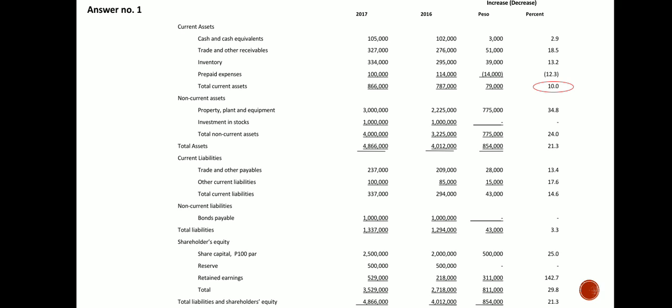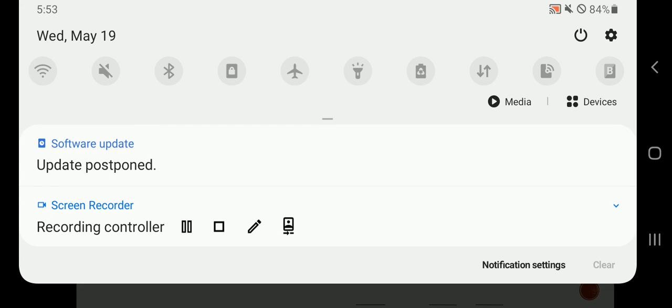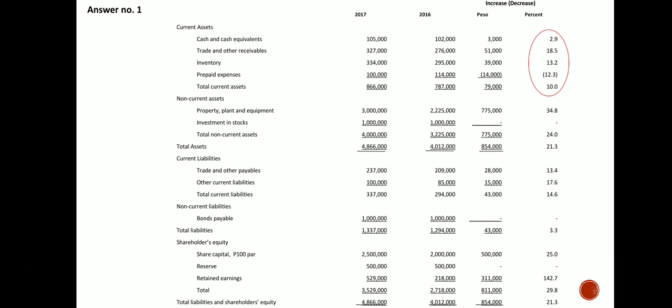So in analyzing the statement of financial position using the horizontal approach, the following computation guidelines are being observed. One, the percentage changes are not added. Okay, so the computation of the percentage of change is applied to every single item in the financial statements. That is why, as you have noticed, we made a separate computation in the total current assets line item.